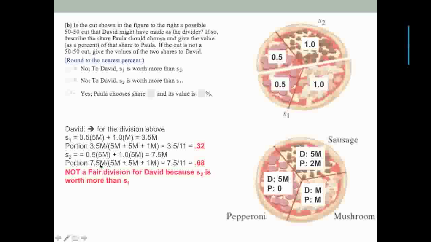If we divide that value by the total value placed on the entire pizza pie of 11m, we have 68%. So no, it's not a fair division for David because S2 is worth more than S1. So we would select no, B, to David. S2 is worth more than S1.